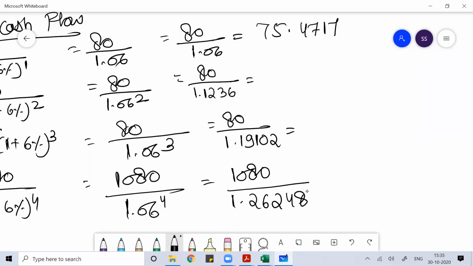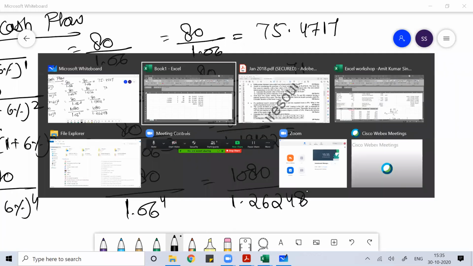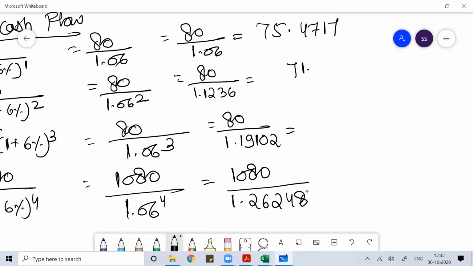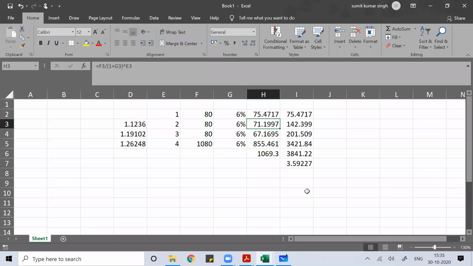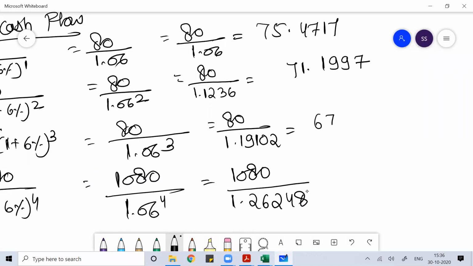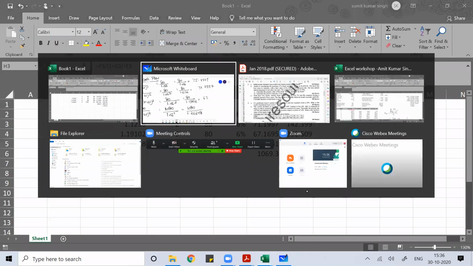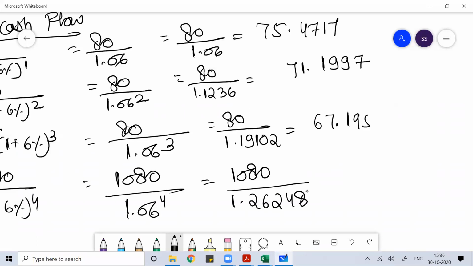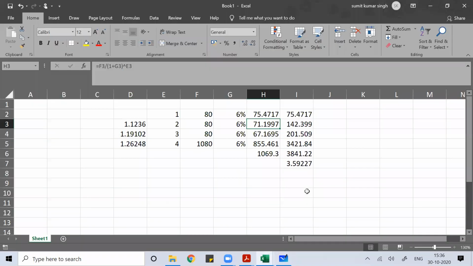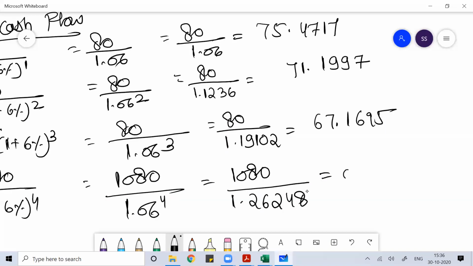You get 71.1997. Then 67.1695. Then 855.461.